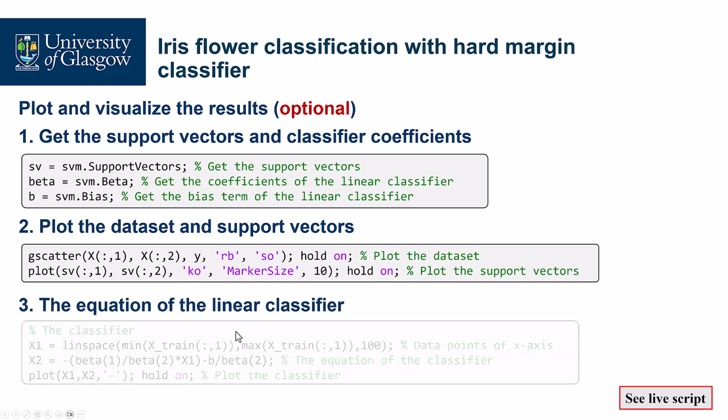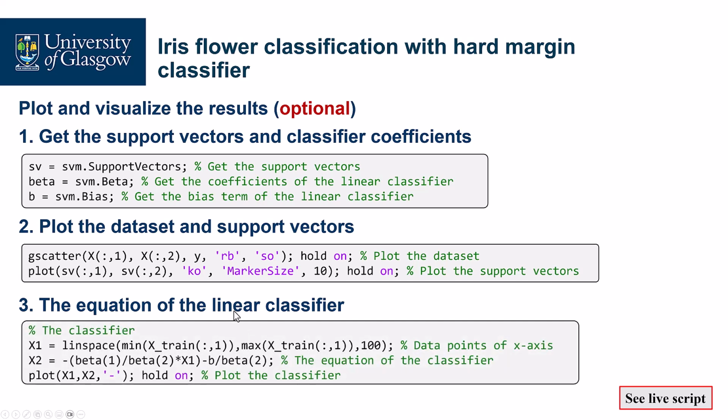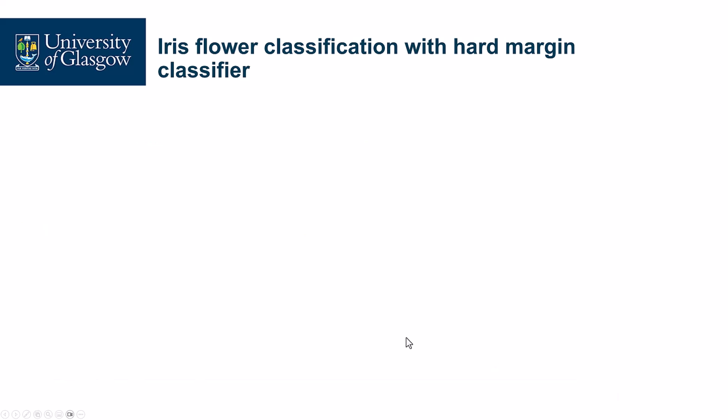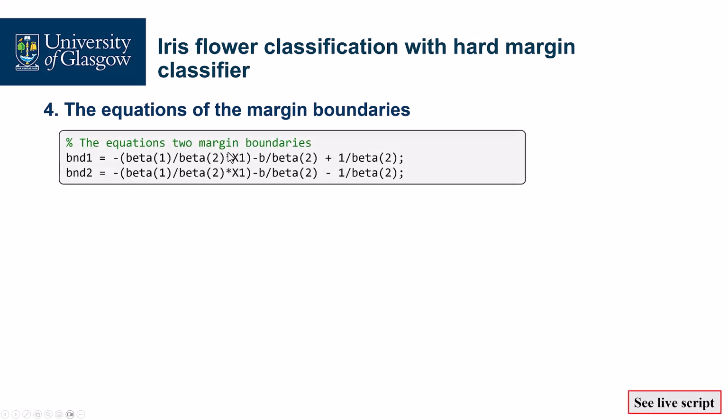Then we can plot the equation of the linear classifier, W transpose multiplied by X plus B. We can see the function is here, right? And then we can find the equation of the margin boundaries. We can see the equations are here, the two lines, the boundaries.